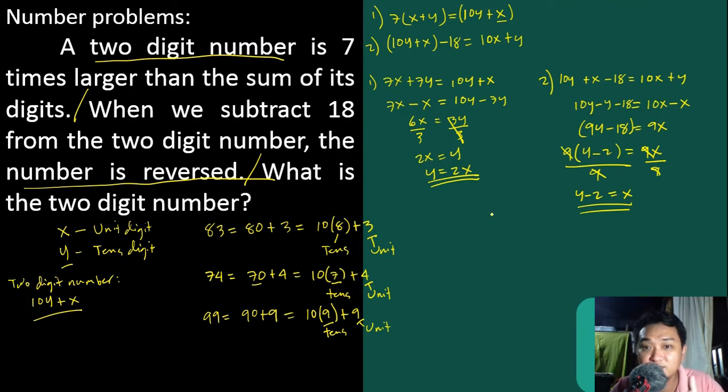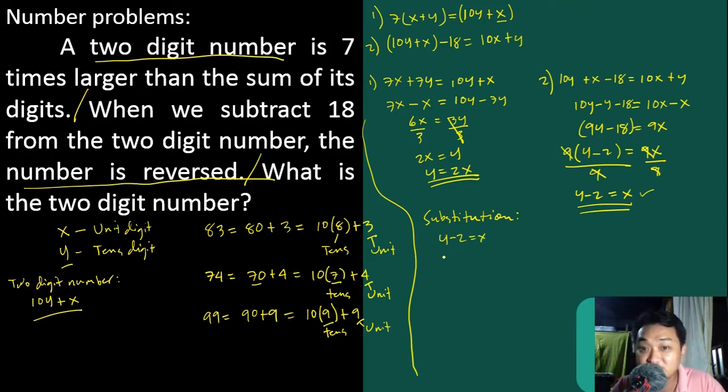Now, we could make use of substitution in order to find the value of x and y. The value of y here is 2x. So, let us make use of this. We have y minus 2 is equivalent to x.